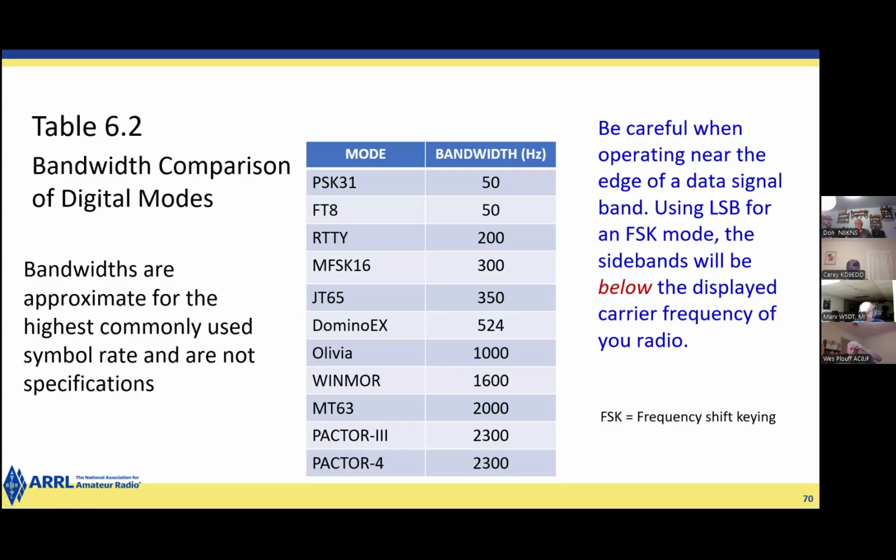So what that usually means is, for most data modes, you can't get too close to the top edge of the CW segment of a band, and for radio teletype, you can't get too close to the lower edge of a band. And to be polite, you have to watch out and try to stay within the bandwidth of the frequencies that are used by gentleman's agreement for each mode.